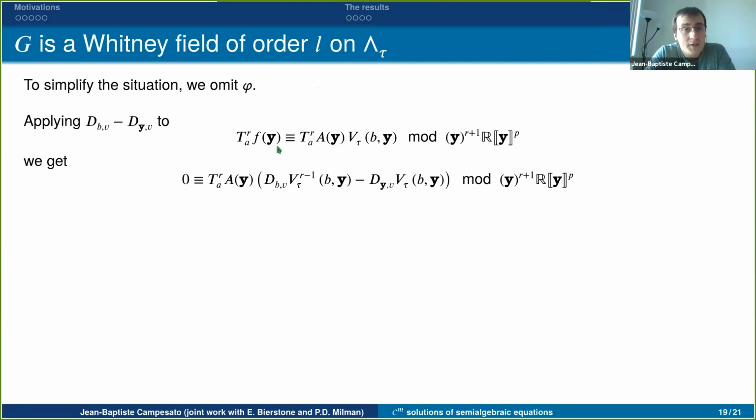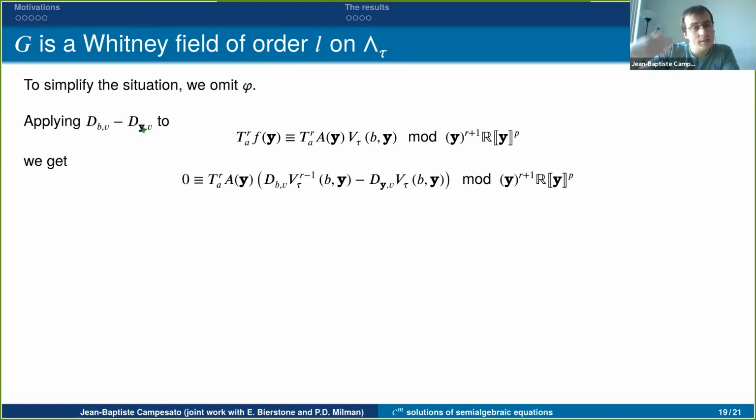So we know that Vito is a solution of the equation, so it satisfies this equation at the level of Taylor polynomials. What I'm going to do is apply these operators. I recall that the members of these equations are Taylor polynomials, so they are polynomials in Y, but the coefficients are functions. The operator dBV consists in taking the punctual directional derivatives with respect to V, so the derivative of the coefficients.